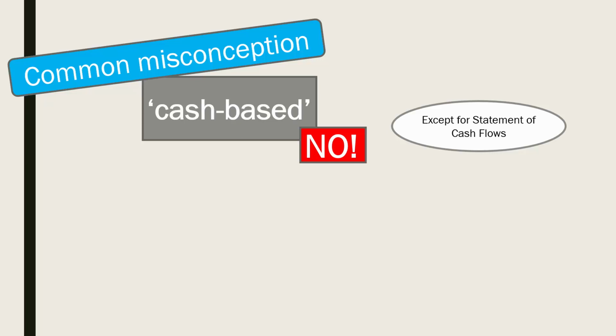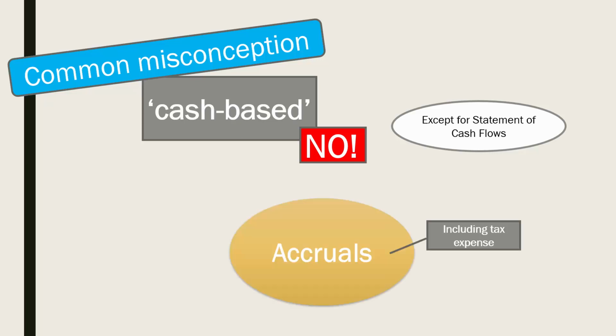This is not true, except for the statement of cash flows. There are accruals everywhere in accounting, including with our tax expense. These include an accrual for the current year's tax that is payable shortly after balance date.